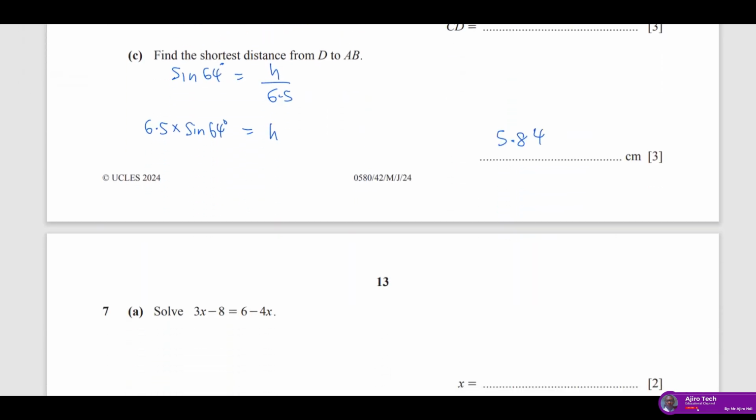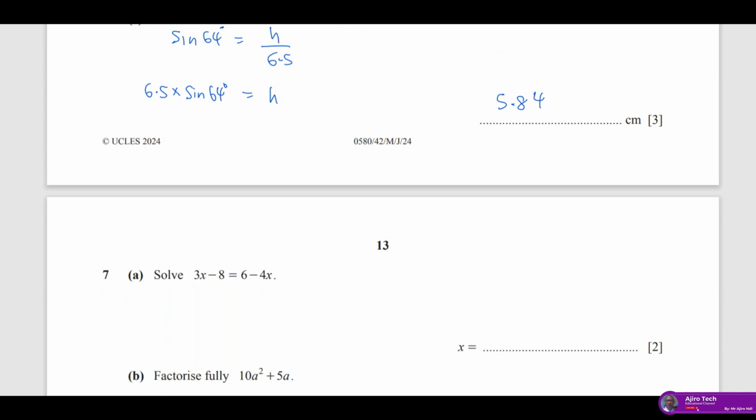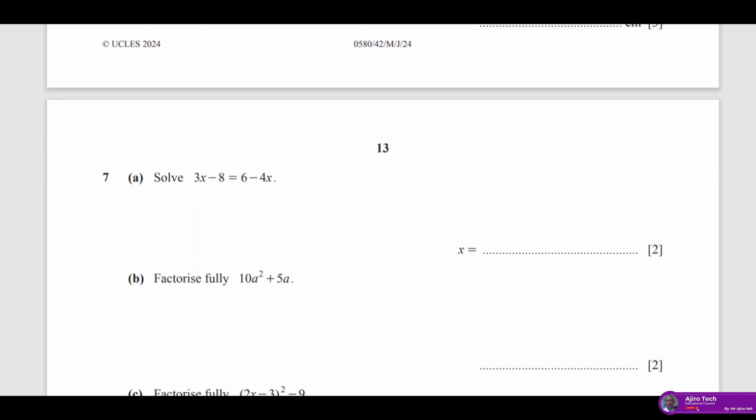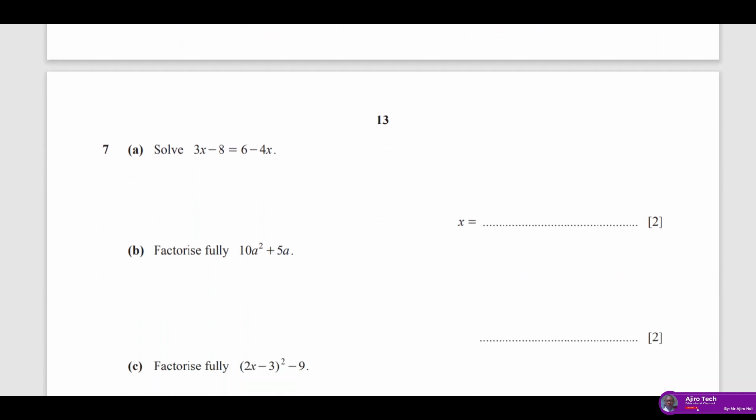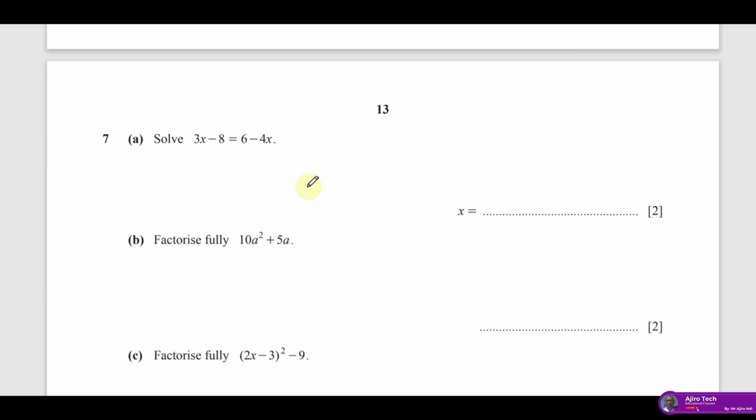Now we are done with number 6. We're going to number 7a. This 7a is an algebra question. You can notice that there is variable x on the left and variable x on the right. We will collect like terms. 3x is positive, 4x is negative.